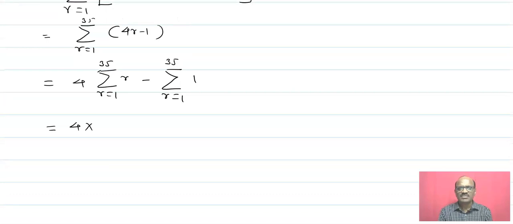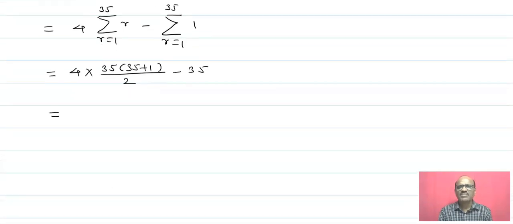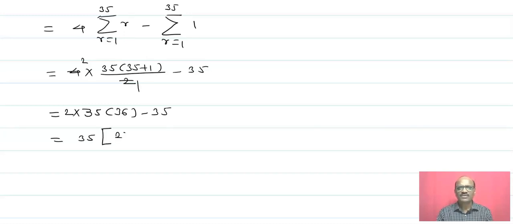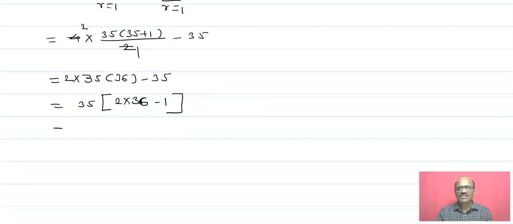The summation of r for 35 is 35 into 36 upon 2, minus 35. Taking 35 common, that is 35 into (2 into 36 minus 1), that is 35 into 71.